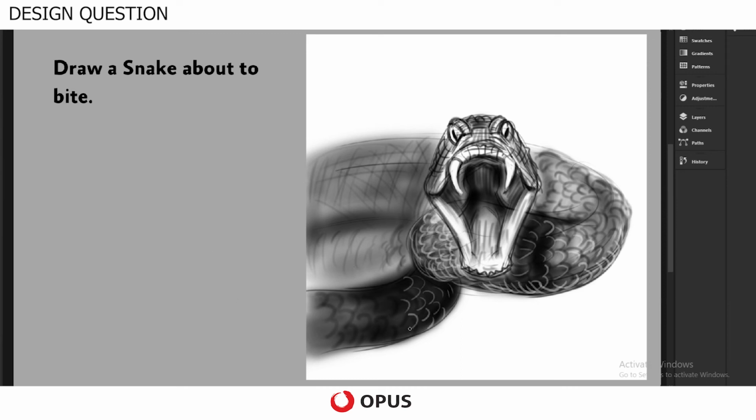So you see the scales are coming out. So you can always bring this kind of effect with the help of an eraser.